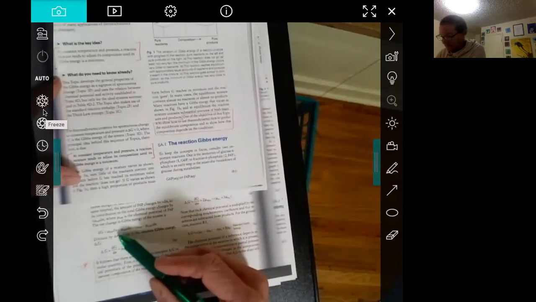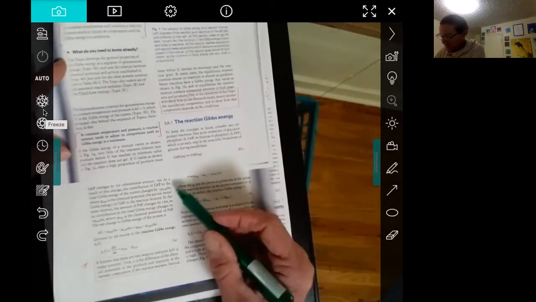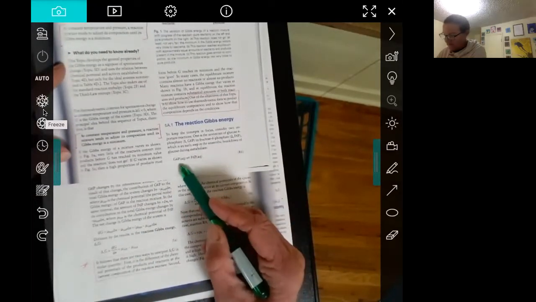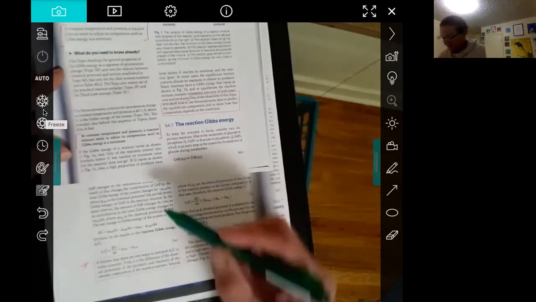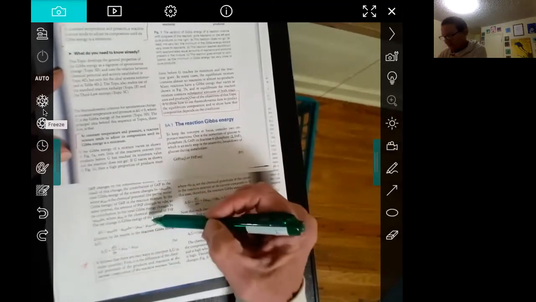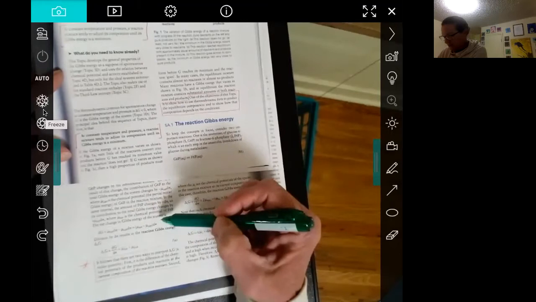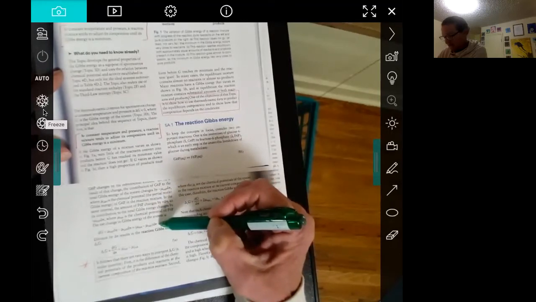And that minus comes in simply because if F goes up, G goes down, so they're related in a negative way. And so the change in Gibbs free energy for the reaction is really the difference in the chemical potential of the two compounds, the product and the reactant, times the number of moles that react.